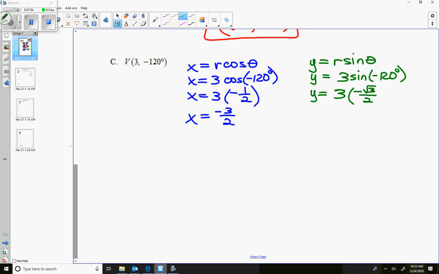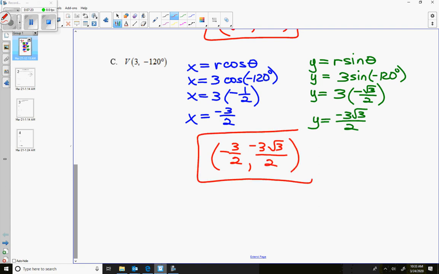Negative square root of 3 over 2. So we get a y value of negative 3 square root of 3 all over 2. So our answer at this point is that.